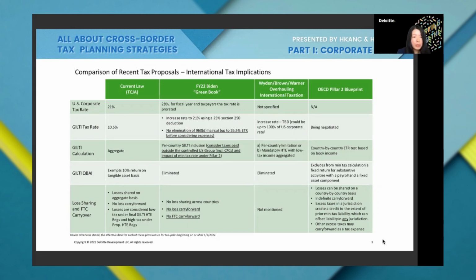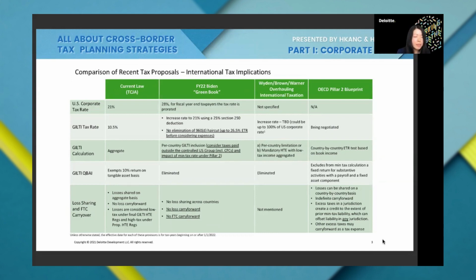Under the Biden Green Book proposal, GILTI would have to be calculated on a per country basis. So if foreign sub 1 and foreign sub 2 are formed in two different countries, you cannot net loss from one sub to income from another sub. That would substantially increase some companies' GILTI calculation.